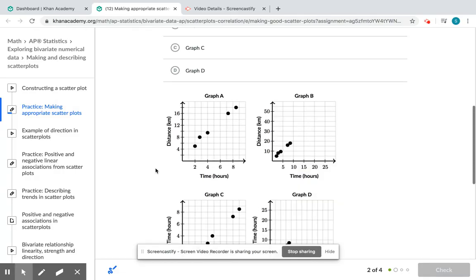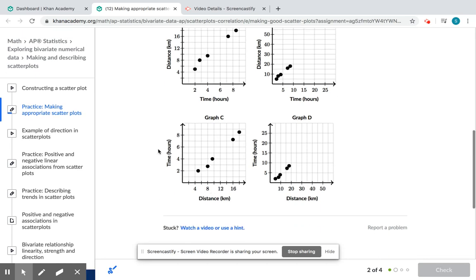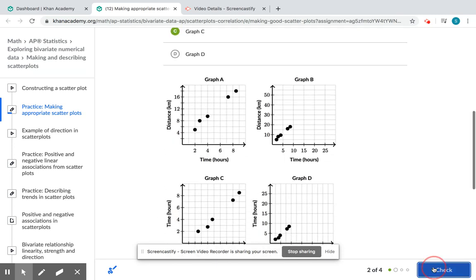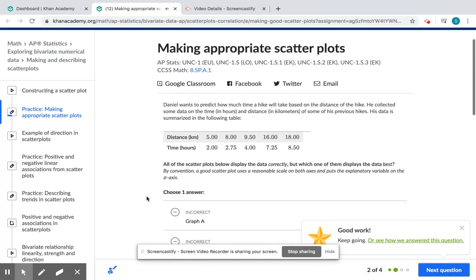So for these questions, you're going to want to eliminate two right off the bat, and then play around with your X and Y axis to see what works best. So for graph C, I'm going to put in graph C. Let's check.